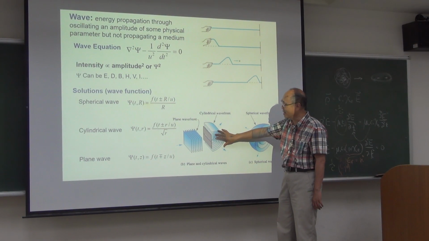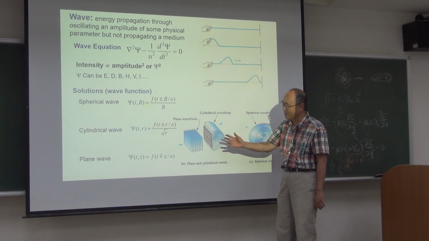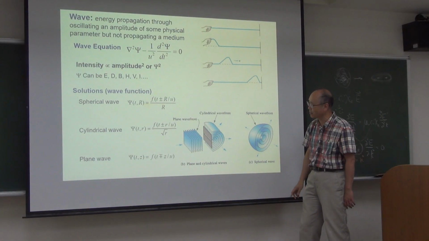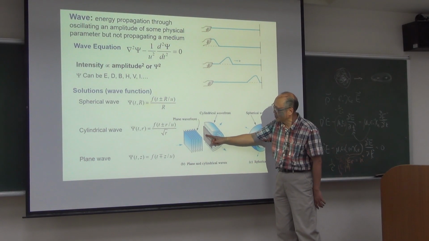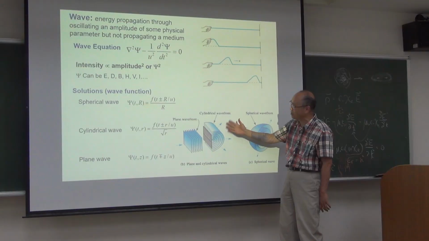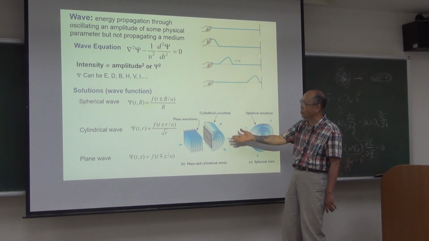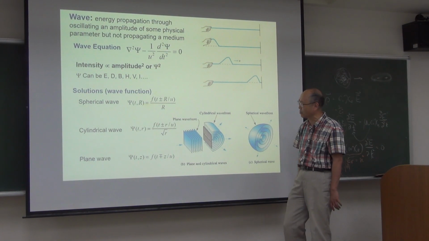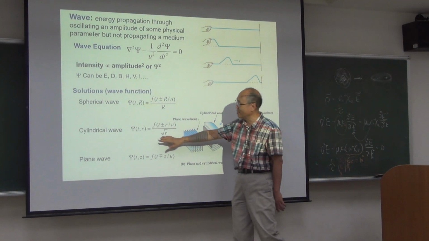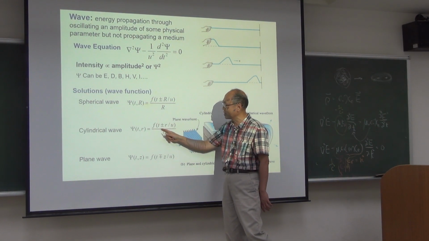And if the waveform is the cylindrical shape, for example, if you send a plane wave through a slit, it's going to generate this kind of cylindrical waveform. And we call this a cylindrical wave. And the wave amplitude is going to have this dependence.